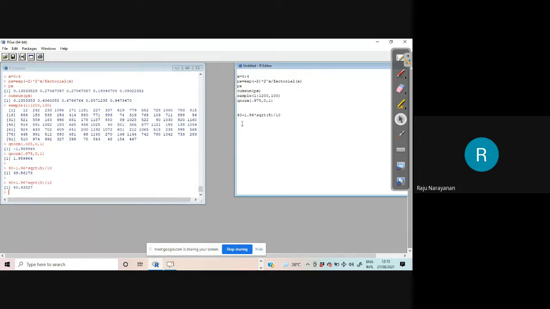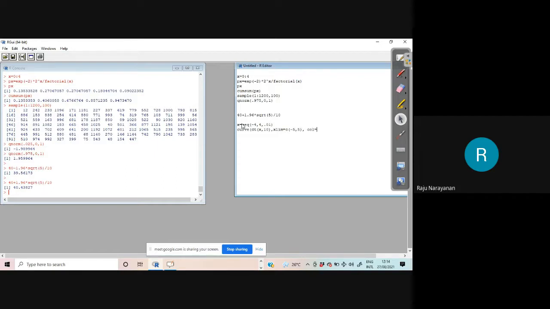For example, if you take x is equal to seq minus 4 to 4 by 0.01, and curve dt x with the degree of freedom 10, with the tail, and xlim is equal to c brackets minus 5 to 5.